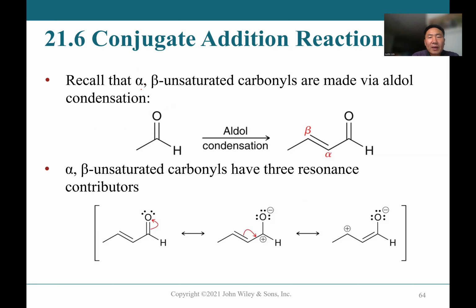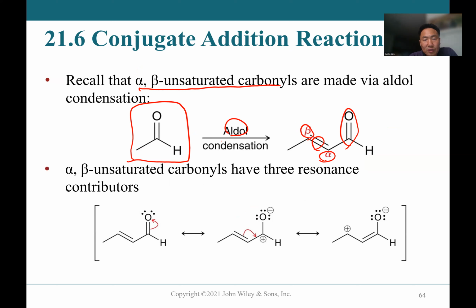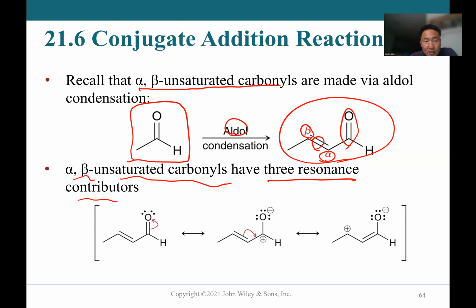So, alpha-beta unsaturated carbonyl. Alpha-beta unsaturated carbonyls are made by aldol condensation. The alpha-beta unsaturated carbonyl has 3 resonance contributors. Electron movement generates a carbocation and oxo anion.